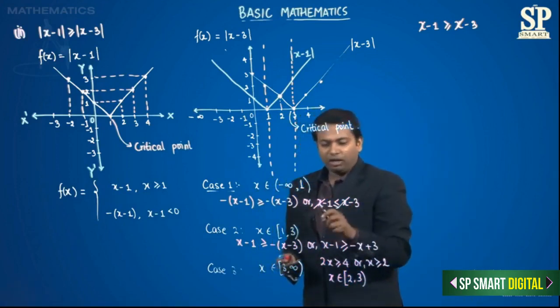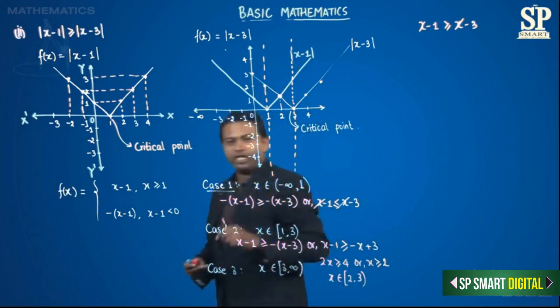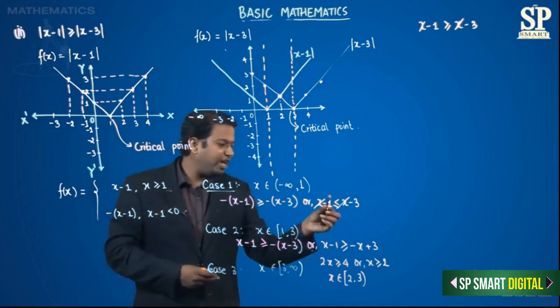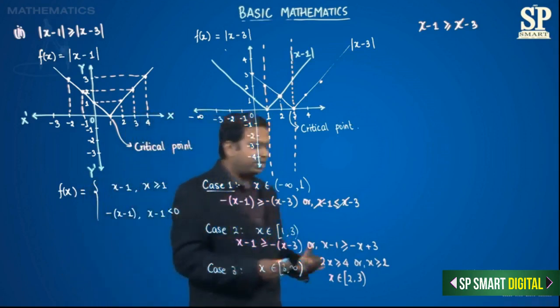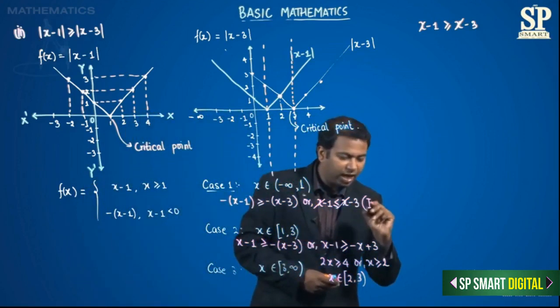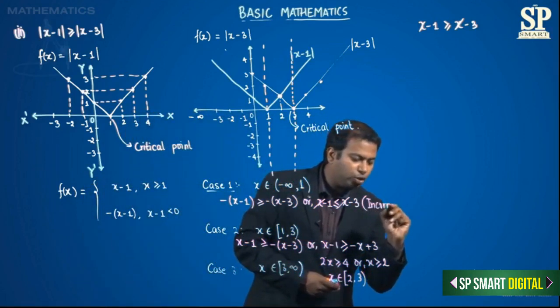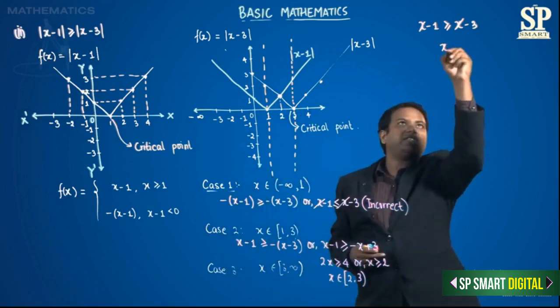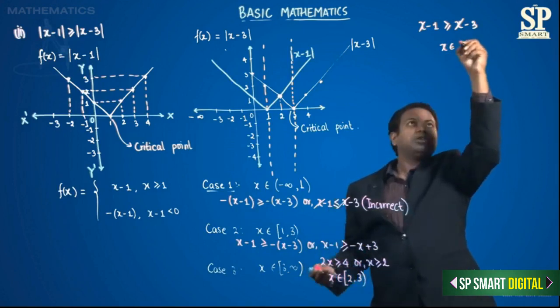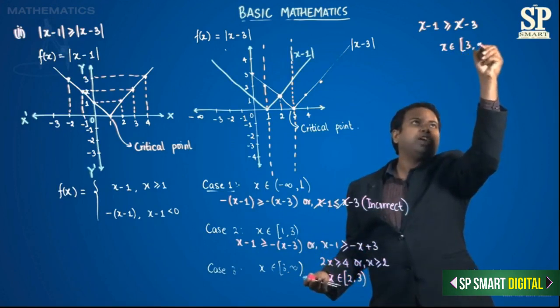Now in case 1, when x cancelled out, the reason we did not have any solution is because we finally got minus 1 is less than equal to minus 3, which is incorrect, and hence there is no solution in this portion. And from here we can write x belongs to 3 to infinity.